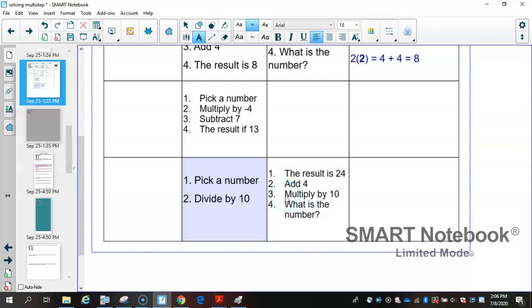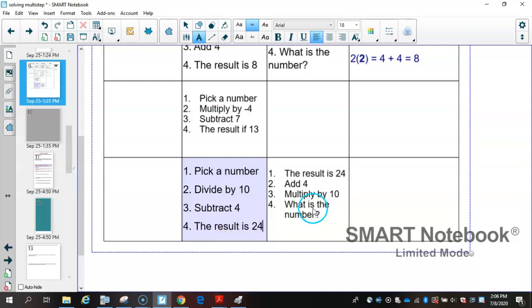And then the next step would be subtract 4. Oops, I forgot my number. And then our last and final step would be the result is 24. And before I go on to do the equation, I can make sure that this matches up.